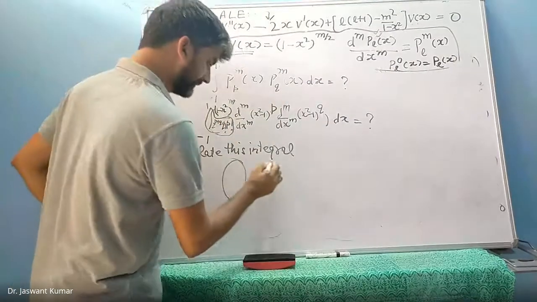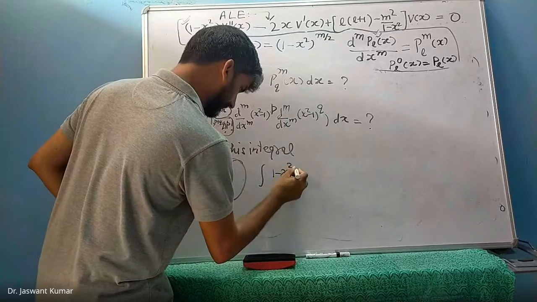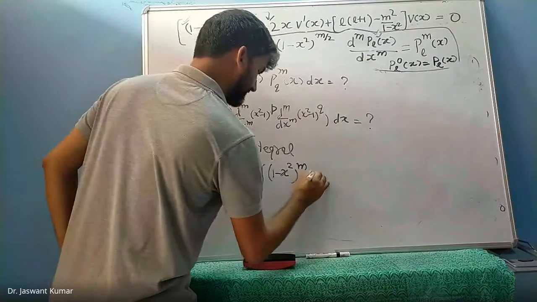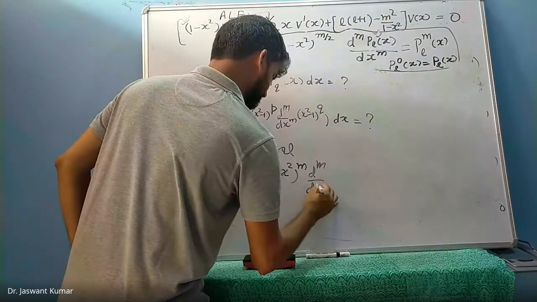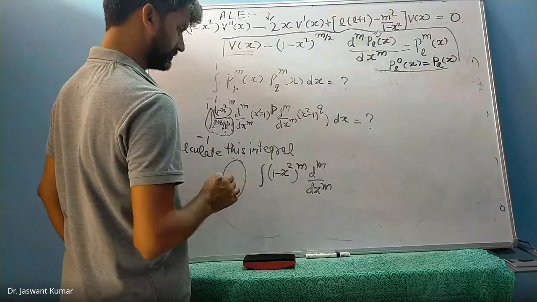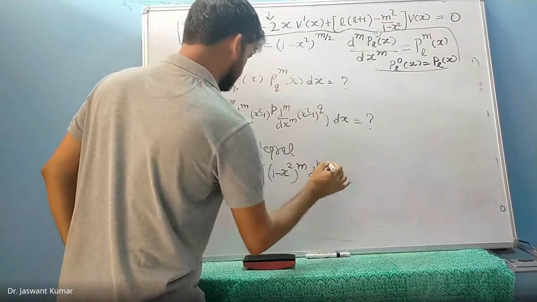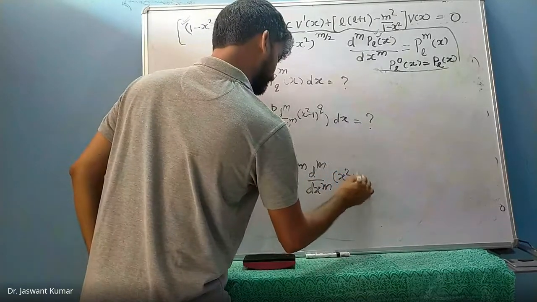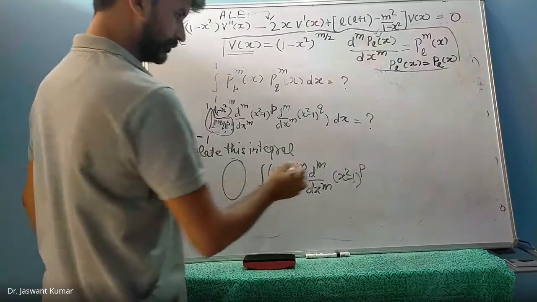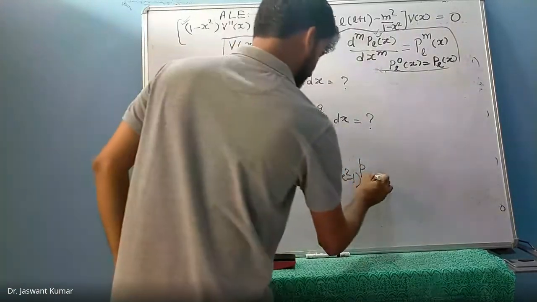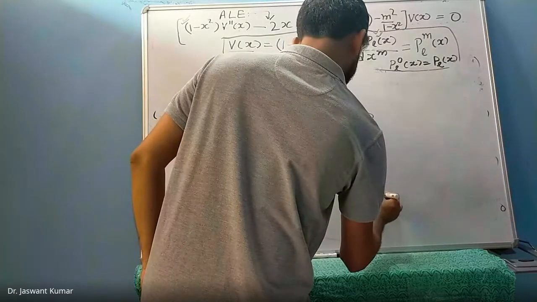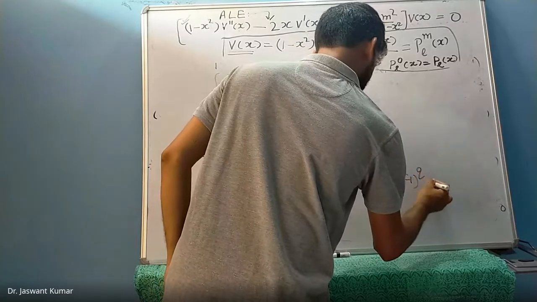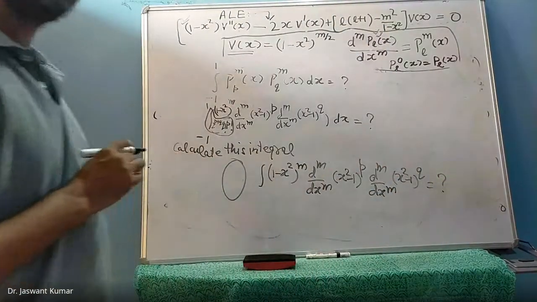So the term that will remain inside is 1 minus x square to the power m, d^m by dx^m of x square minus 1 to the power small p, and d^m by dx^m of x square minus 1 to the power small q, which needs to be calculated.